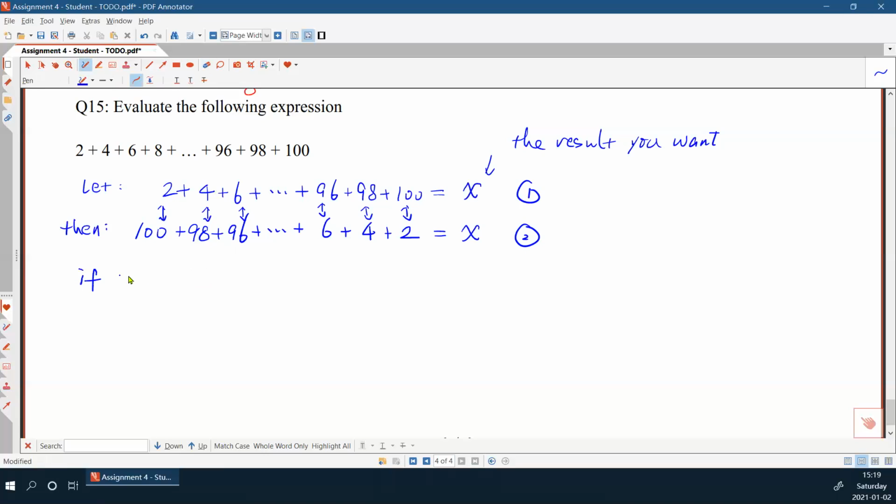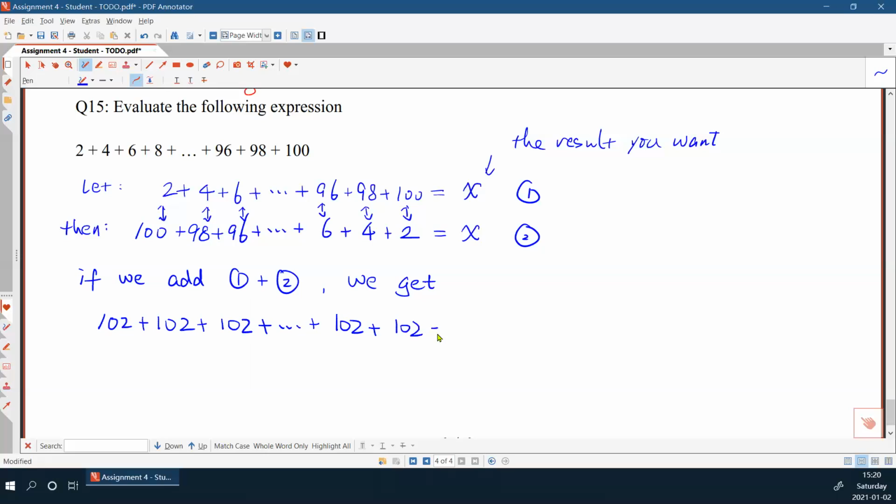If we denoted this as 1 and this as 2, if we add 1 and 2, we get 102 plus 102 plus 102 plus 102 plus 102 plus 102 equals to 2x, right?